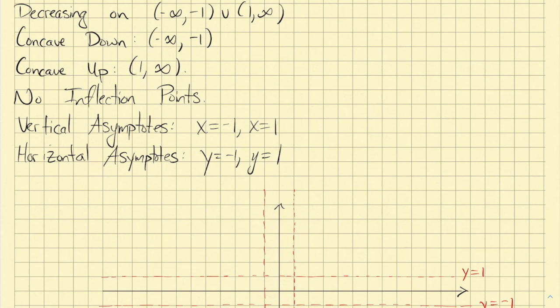To be a decreasing function and to have these asymptotes as well as being concave up to the right of 1 tells us the only place that this can possibly happen is in the first quadrant. So to sketch it, we're going to start with our asymptote here.